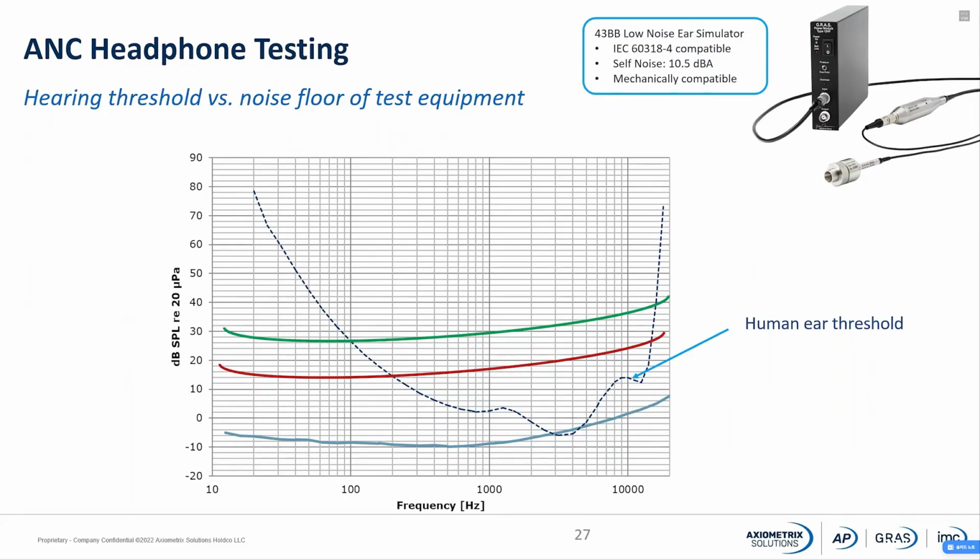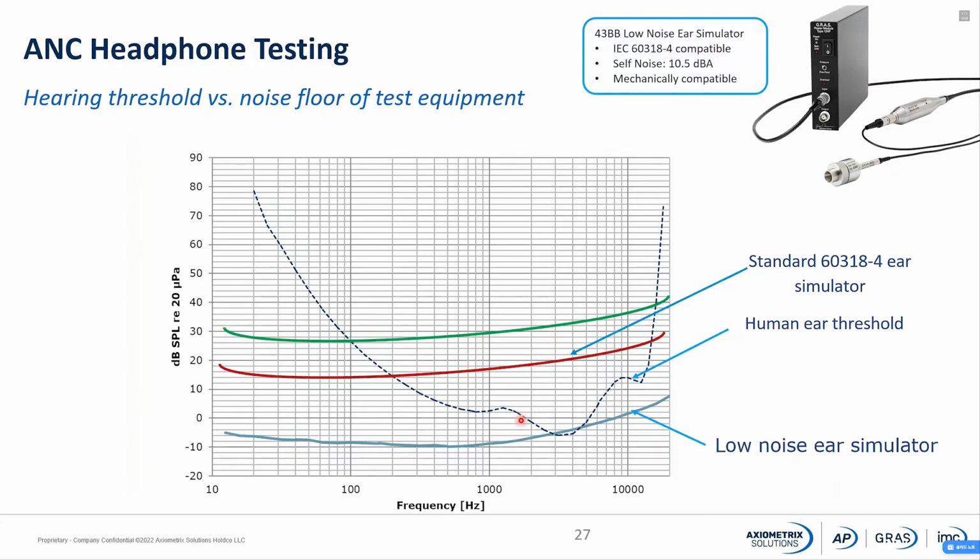So here in these curves, first the dashed curve over here is the human ear threshold. This is the sensitivity of an average human ear. The red curve shows the noise floor of a standard ear simulator like a 711 coupler. This is the most common type of ear simulator used for measuring headphones. And then below, the light blue curve is the noise floor of the low noise ear simulator from GRAS, the 43 dB low noise ear simulator that we see over here.